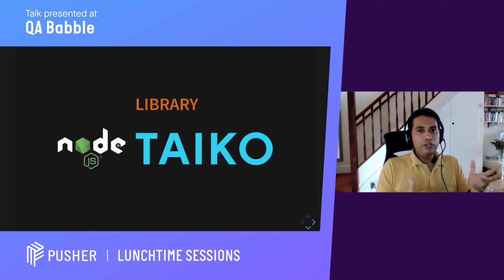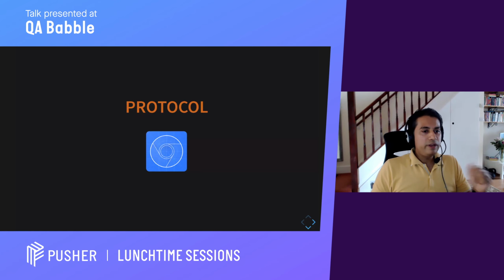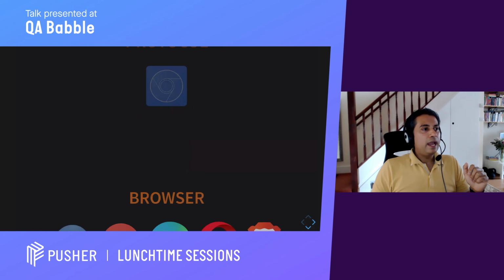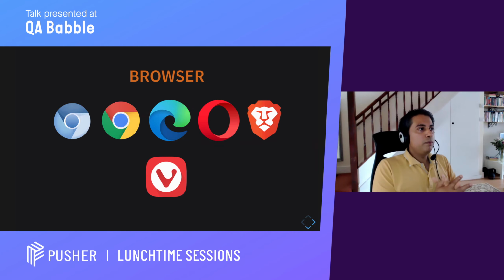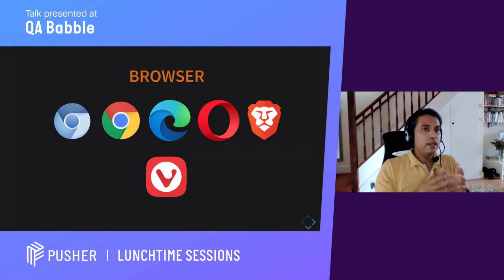And then, of course, you will use the Node.js library Taiko in order for your framework to work. You will use the Chrome DevTools protocol, and you can use any of these Chromium browsers. As I mentioned, you can automate any of the Chromium browsers, which are Chromium, Chrome, Edge, Opera, Brave, and Vivaldi. So as you can see, you can support a lot of browsers and do your cross-browser testing.